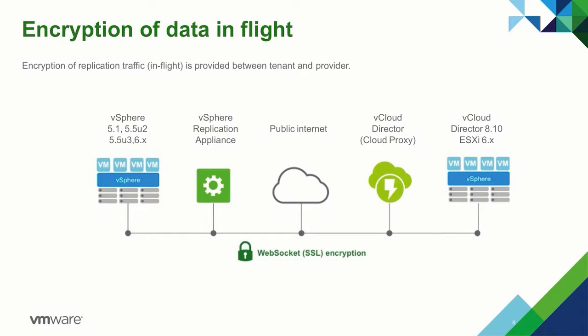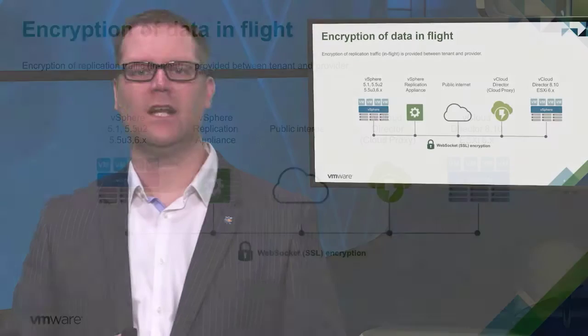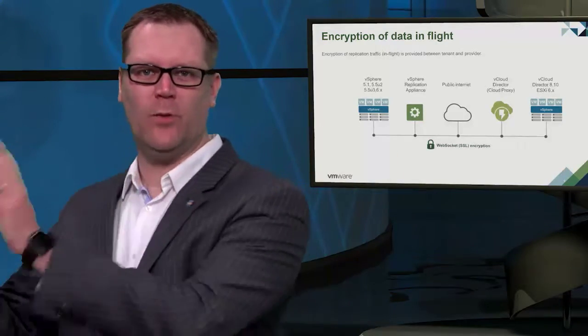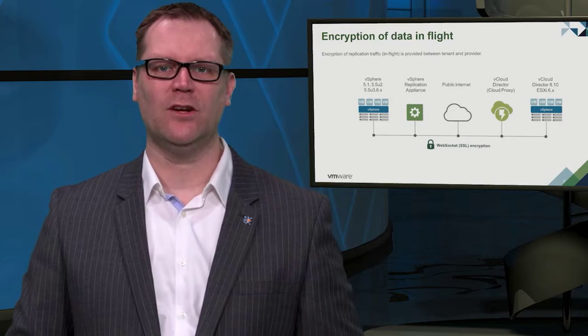Then it goes through the vSphere Replication appliance, which has a secure tunneling agent that creates a connection out to the public cloud. Then the data goes over the public internet into the vCloud Director front-end proxy and on to the vCloud Director powered public cloud. So every single step of the way, that data is fully encrypted.